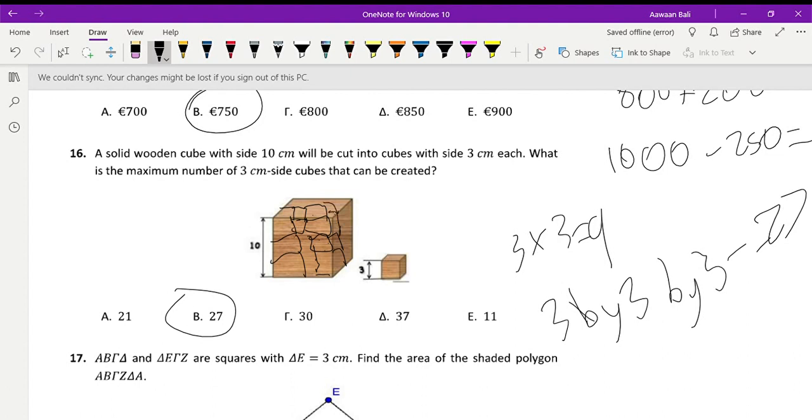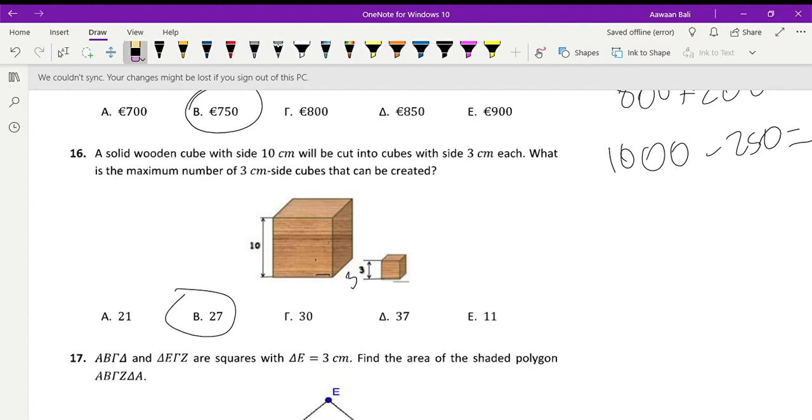For a whole side you can fit 9 cubes, and then there'll be 3 layers of that. So 27 cubes in total can be fitted, but there will be some wood left. So the answer is Vita.